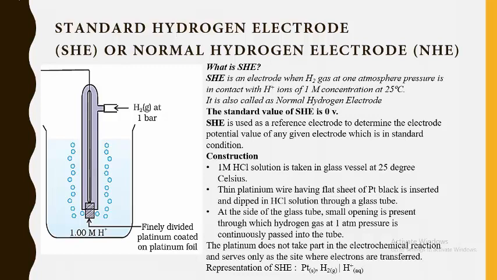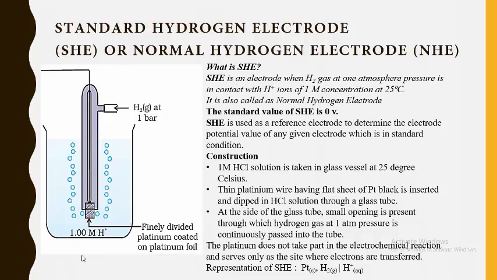This is the diagram of SHE. SHE is an electrode where hydrogen gas at 1 atmospheric pressure, here I have 1 bar, but actually it is 1 atm, is in contact with hydrogen ions. The hydrogen ions present here are at 1 molar concentration at 25 degrees Celsius.